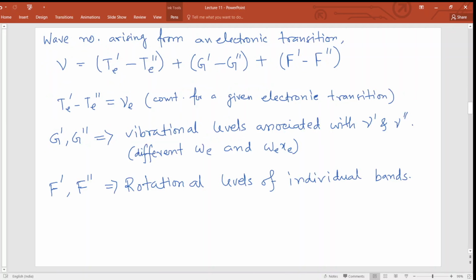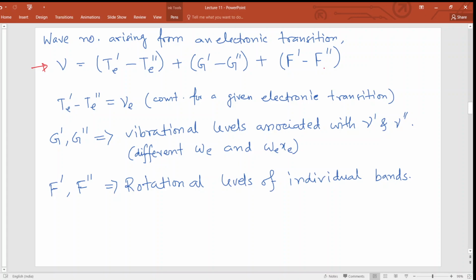Now, if there is an electronic transition, then the wave number arising from the electronic transition can be written in this particular form. So let's say nu is the wave number. Then nu can be written as the sum of T prime minus T double prime plus G prime minus G double prime plus F prime minus F double prime.